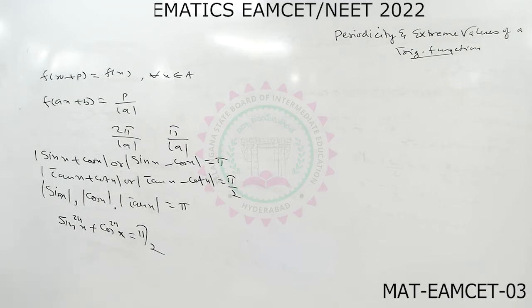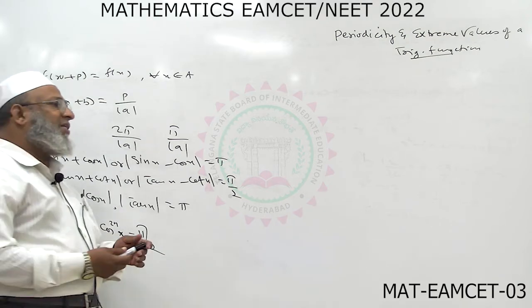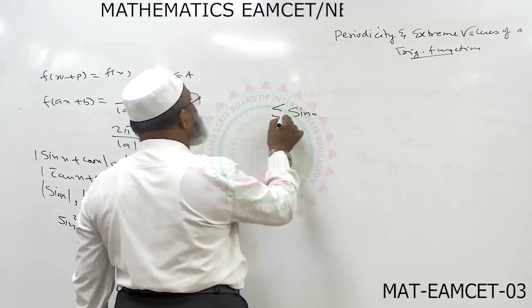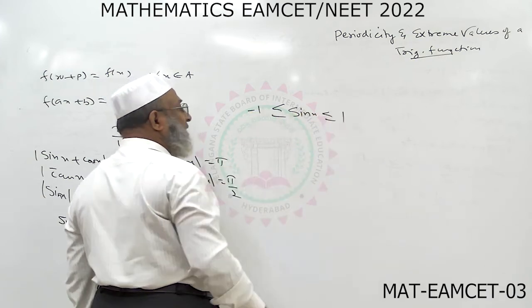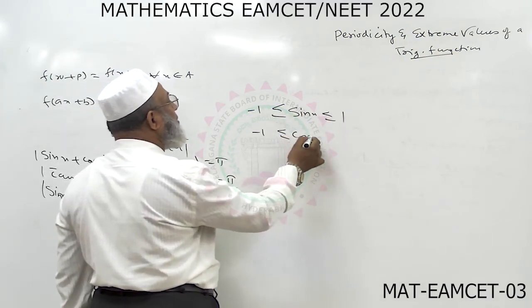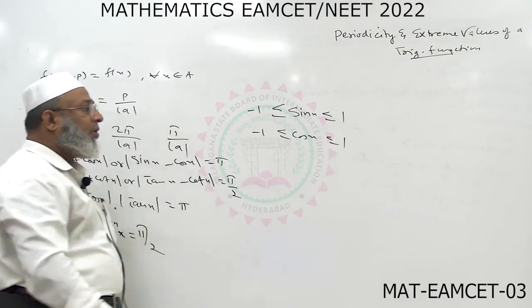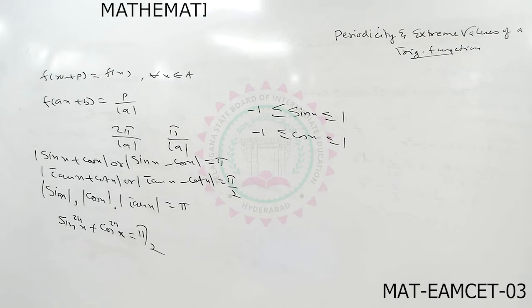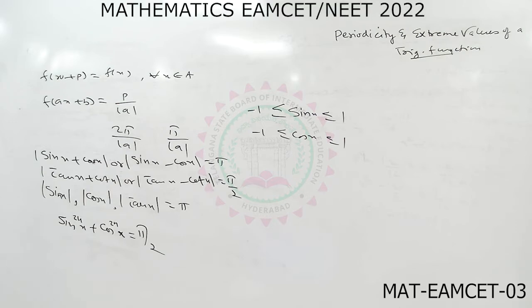Now, you know that the maximum value of sin x is plus 1 and the minimum value is minus 1. So sin x lies between minus 1 and plus 1. Similarly, cos x lies between minus 1 and plus 1. So the range is minus 1 comma plus 1.